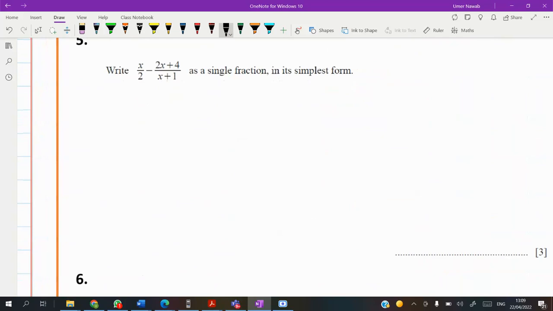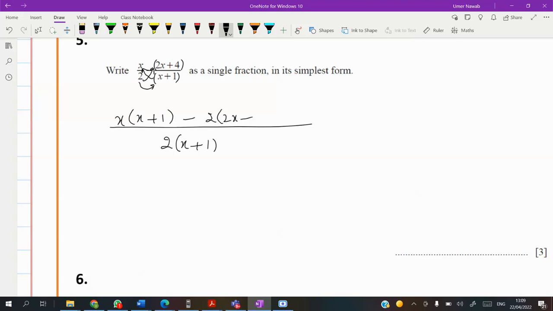Next, we have a single line, 2 multiplied with x plus 1, x multiplied with x plus 1, minus and 2 multiplied with 2x plus 4. Expand the brackets. Be careful, you have a minus sign, so this changes this plus sign to minus.